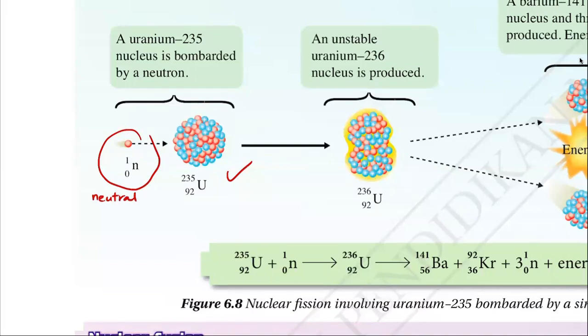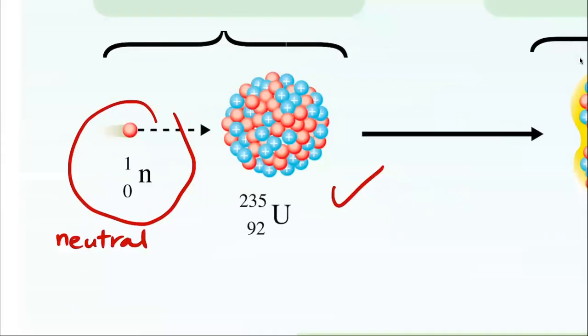What is contained in the nucleus of the element? Yes, in the nucleus, it has protons and also neutrons. The blue one is the proton and the red one is the neutron.